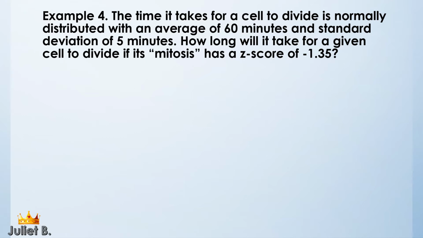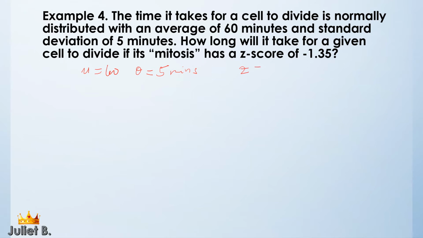Let us have the given one by one. The mean is equal to 60 minutes. The standard deviation is equal to 5 minutes. How long will it take for a given cell if its mitosis has a z-score of negative 1.35?